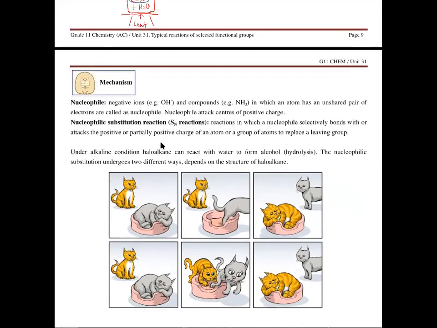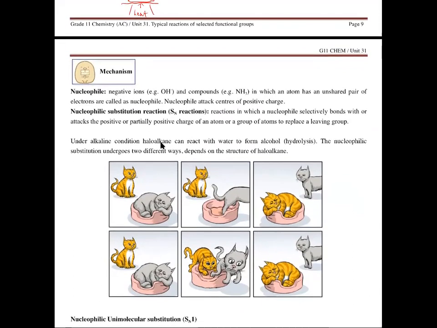Here I'm going to introduce two new terms. First, it's called a nucleophile. So what is a nucleophile? A nucleophile can be negative ions, for example, hydroxide ion or cyanide ion, and compounds, for example, ammonia, in which an atom has an unshared pair of electrons, like a lone pair of electrons.